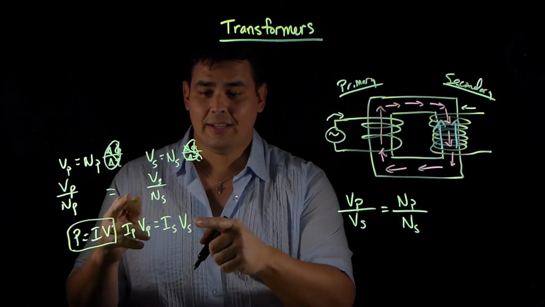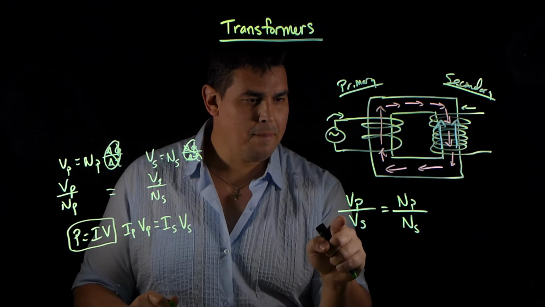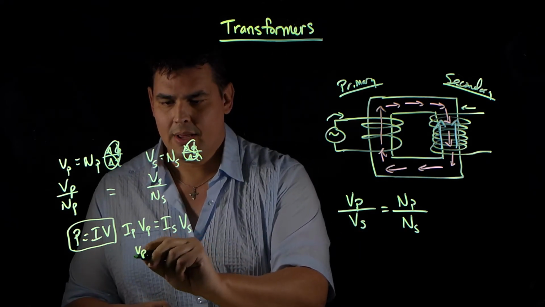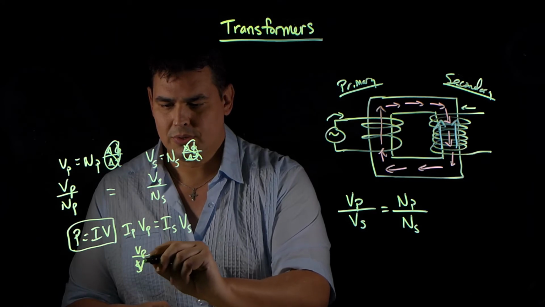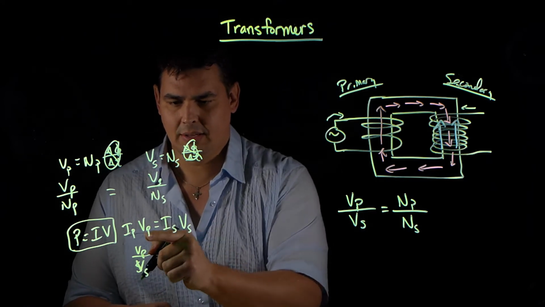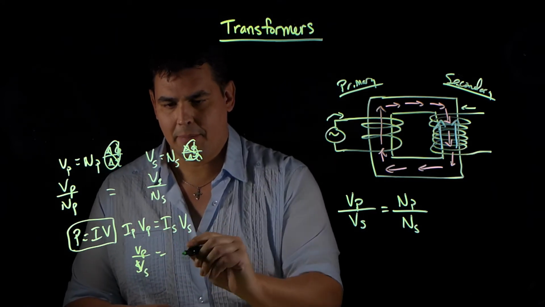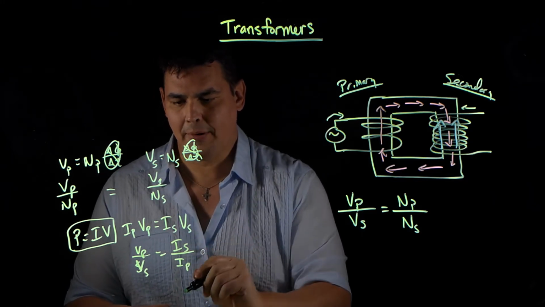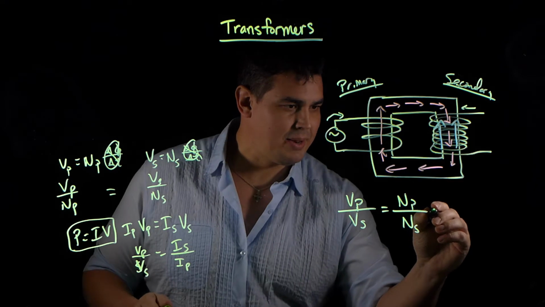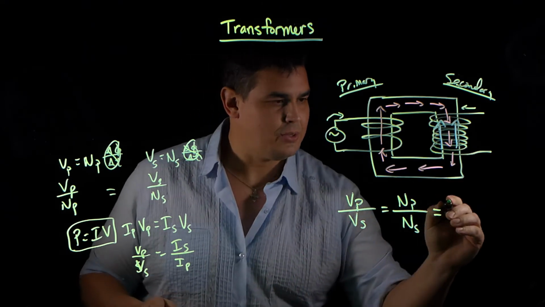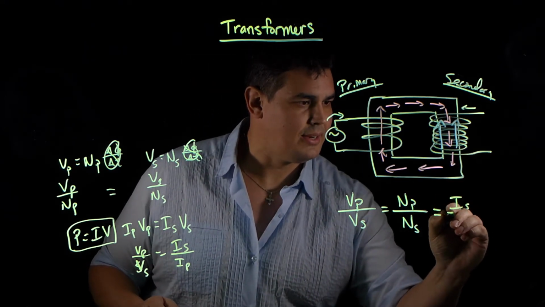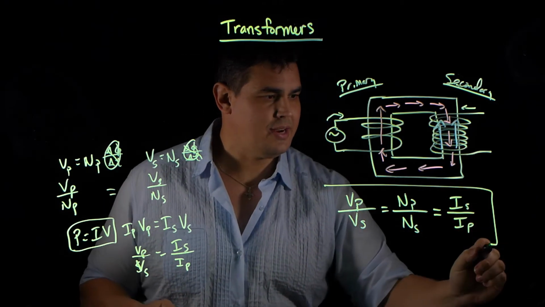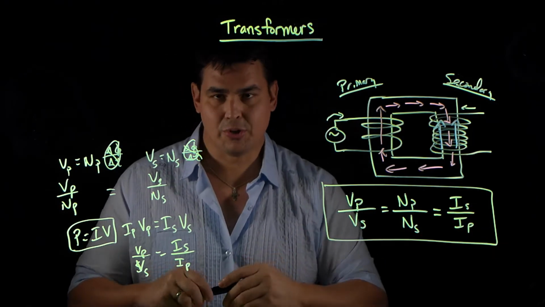So again, let's try to get this in terms of primary over secondary. If I divide secondary over, I get primary voltage over secondary voltage, and I can divide primary current over, so I get secondary current divided by primary current. Now it's in terms of that, so I can add it to my proportion. So this is equal to secondary over primary. So there's my relationships for a transformer.